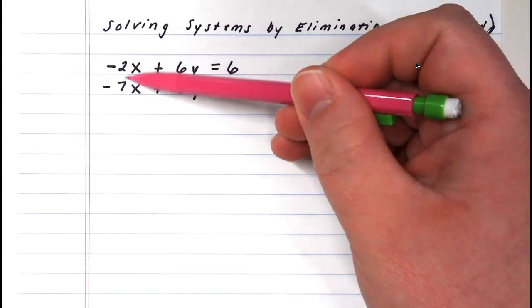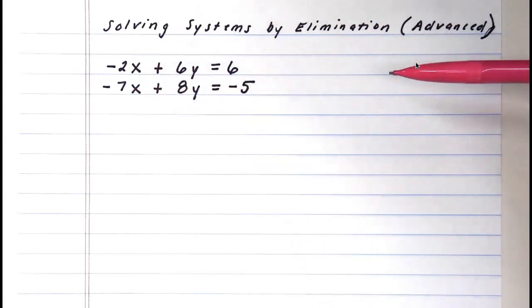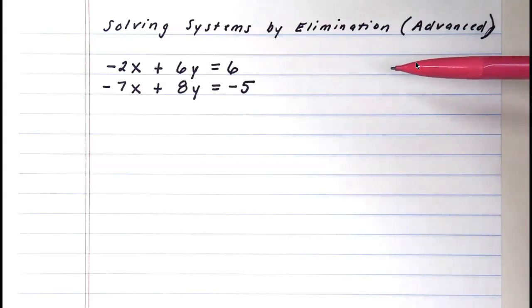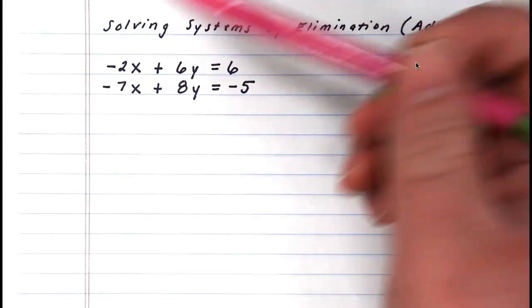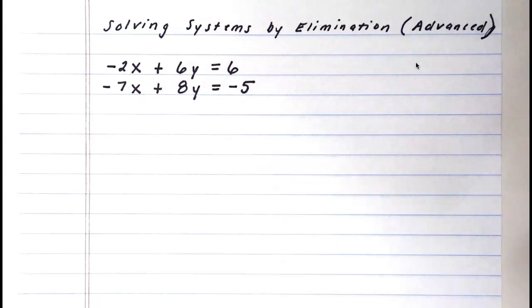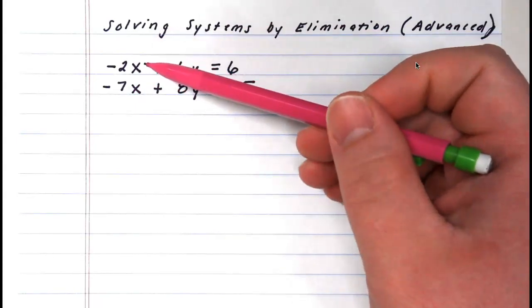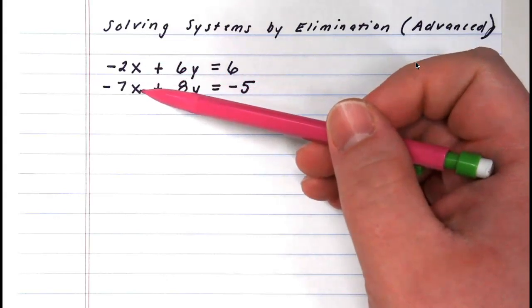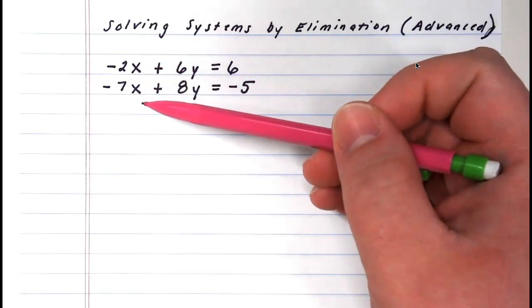So right now we have -2 and -7. Not the same. But we could look at what would be their least common multiple. So 2 and 7 both go into 14. If we could make one of them -14 and one of them +14, we would be in business.